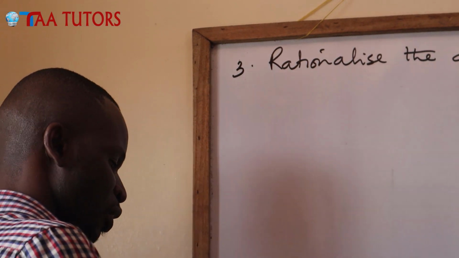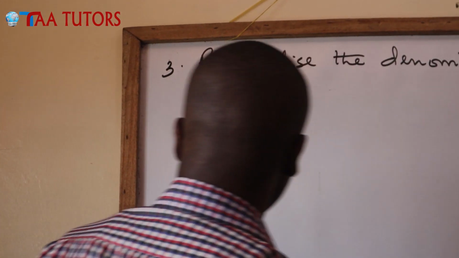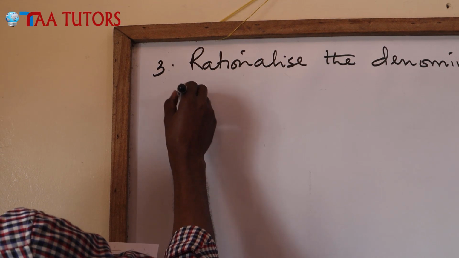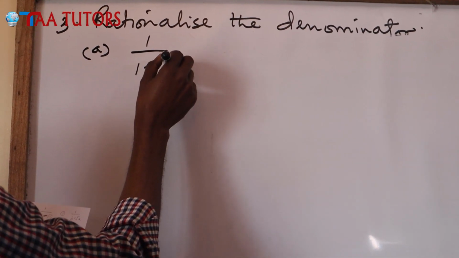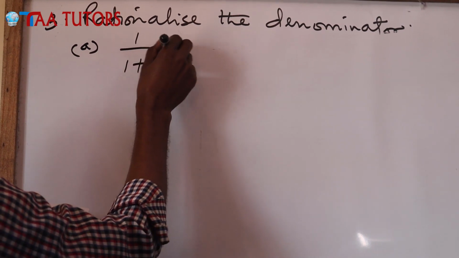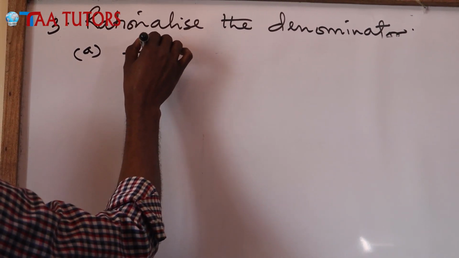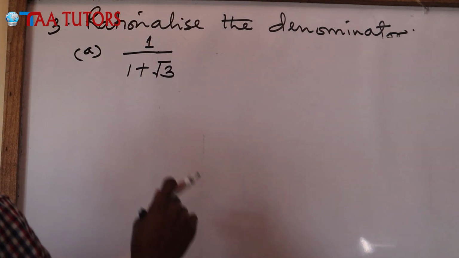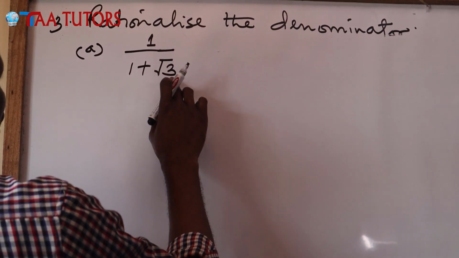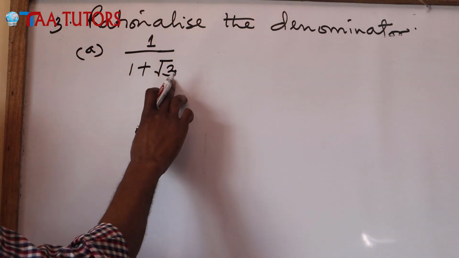The first question, A, is 1 over 1 plus √3. So if this is what we are supposed to rationalize, the first thing we need to do is to identify the conjugate, and the conjugate is 1 minus √3 based on the second rule.